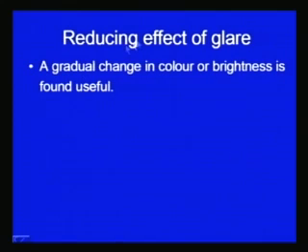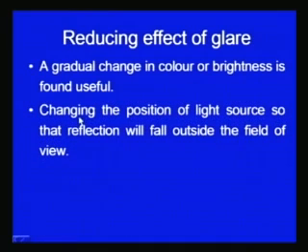For reducing glare, some techniques are used, and these will be discussed one by one in the coming slides. For example, a gradual change in color or brightness helps in reducing the effect of glare. Changing the position of the light source also helps to change the reflections in such a way that the glint or glare is outside the field of view.